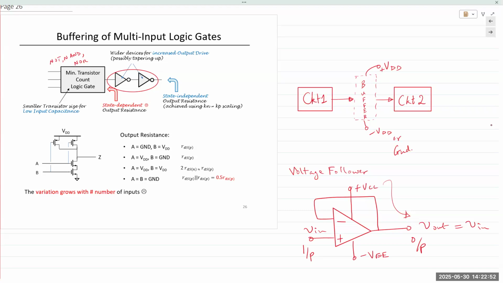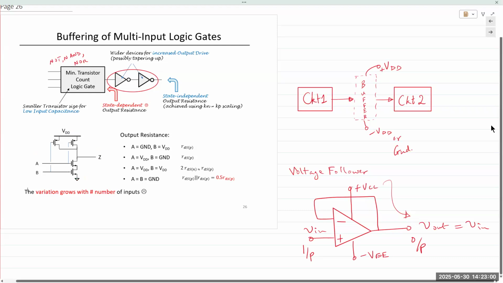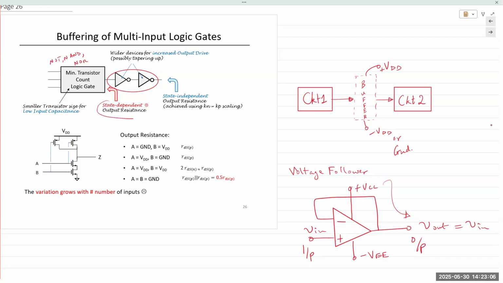But when both inputs are connected to ground, as seen in the circuit, then the 2 resistors of the 2 MOSFET devices are attached in parallel. And when that happens, the output resistance is actually changing. We don't want that output resistance to change. It changes depending on the state, so that is not desirable.